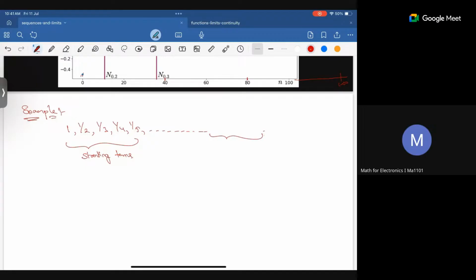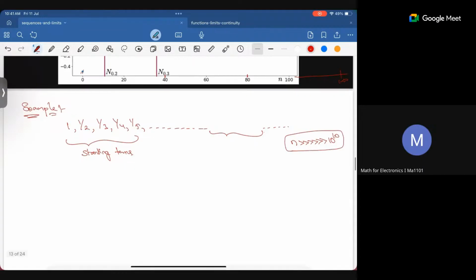But for the limit of a sequence, what we have to see is the very last terms of the sequence. Last terms mean n is very, very large, something like 10 power 10. So when n is that large, how will my sequence term look?